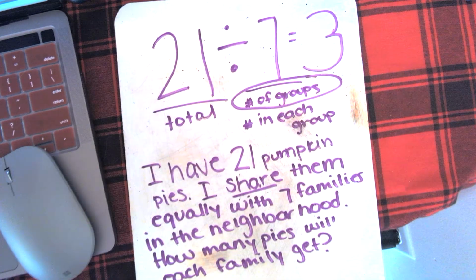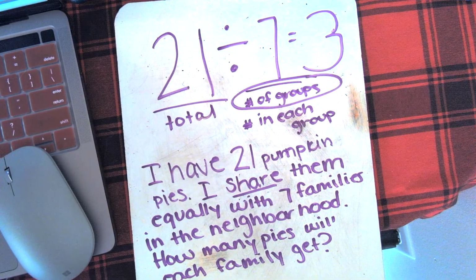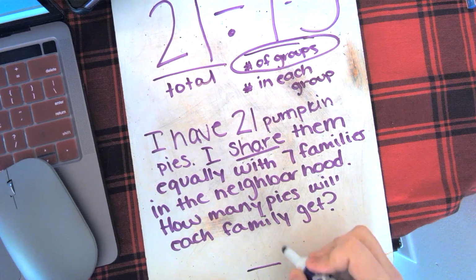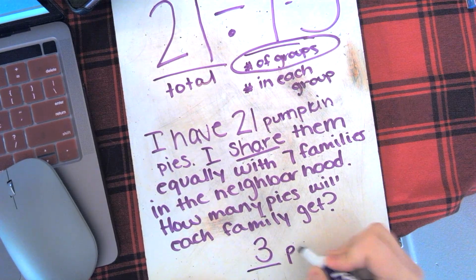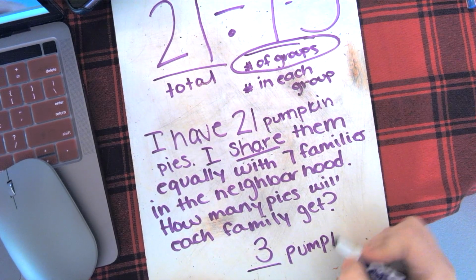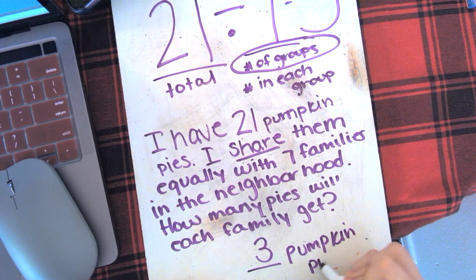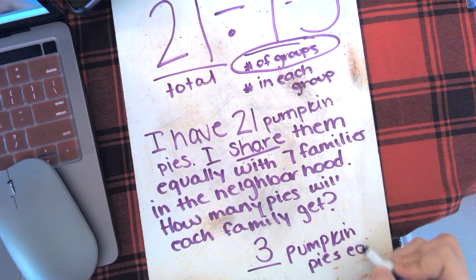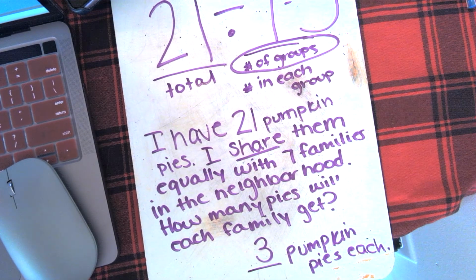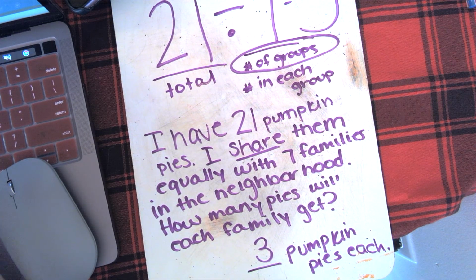We've got 21 pies in total, 7 families. They each are going to get 3 pies. So my answer would be 3 pumpkin pies each. There we go. They're each going to get 3 pumpkin pies. Now I'm going to pause for a second and I'm going to come back and do one more example with you.